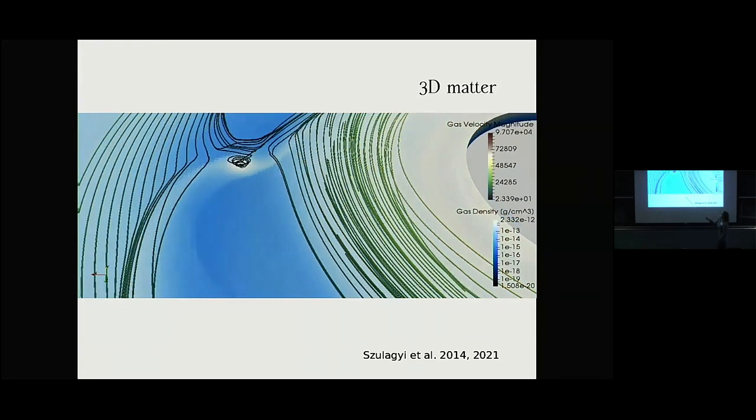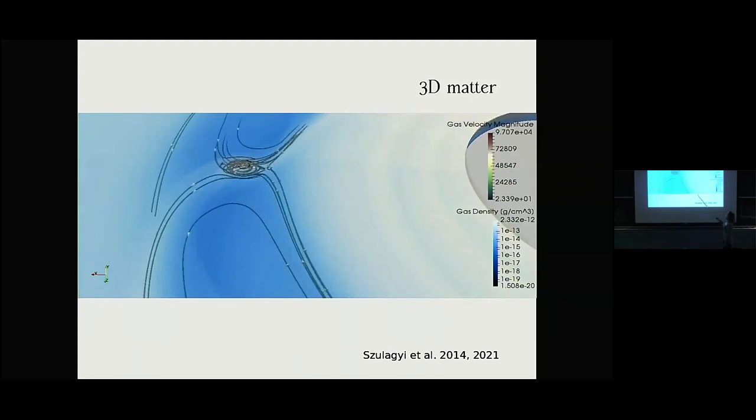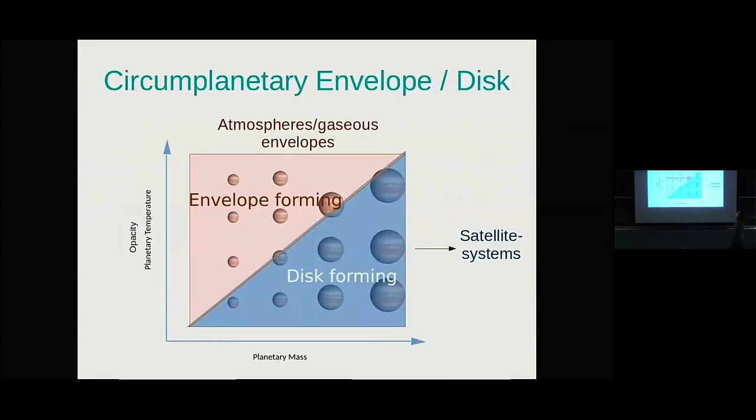That part of the gas which could not be accreted to the planet is going to spiral outward in the midplane and going back by the spiral wake back to the circumstellar disk. So this is a very complex 3D motion, and this is why I believe that we need to have 3D simulations.